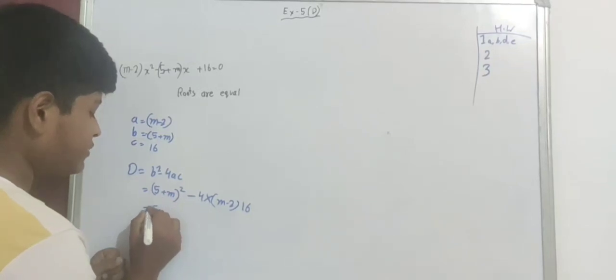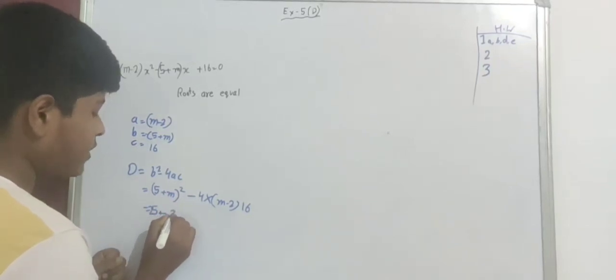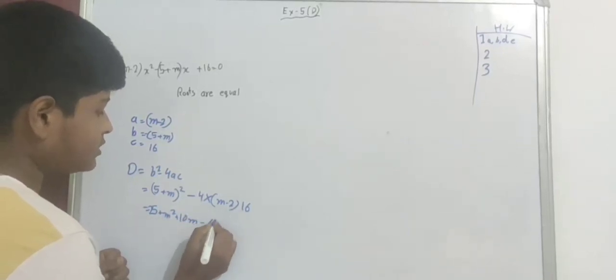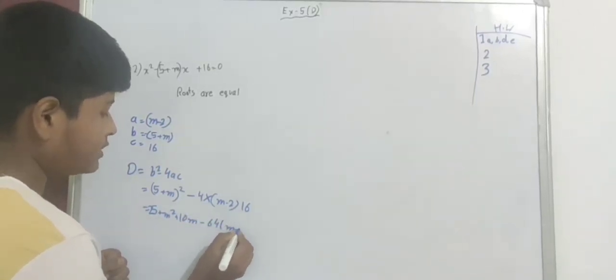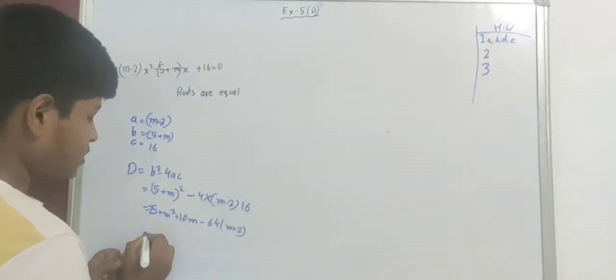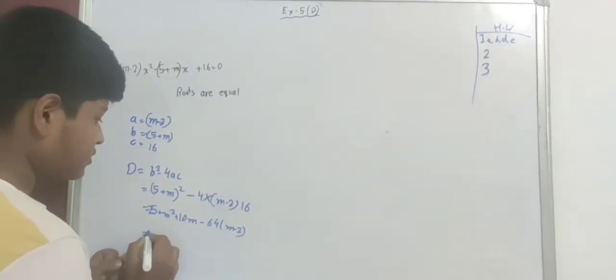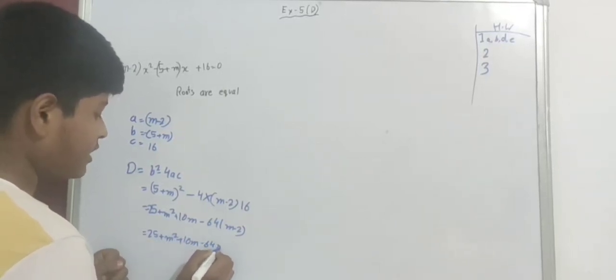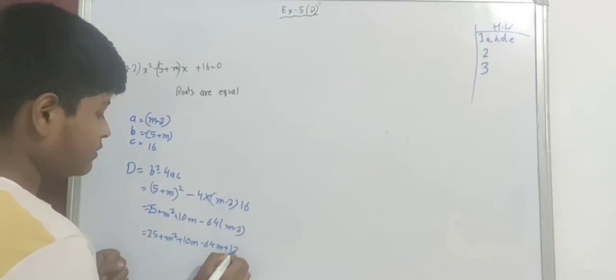It will be 25 plus m square plus 10m minus 64 into (m minus 2). Here we will have 25 plus m square plus 10m minus 64m plus 128.